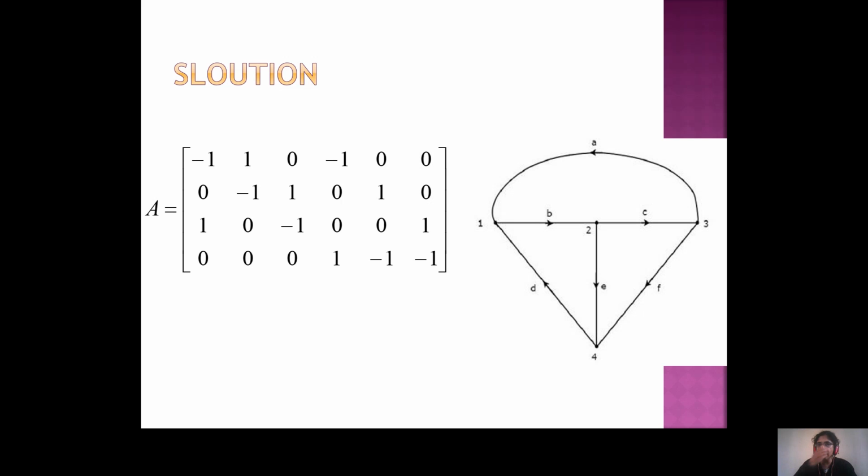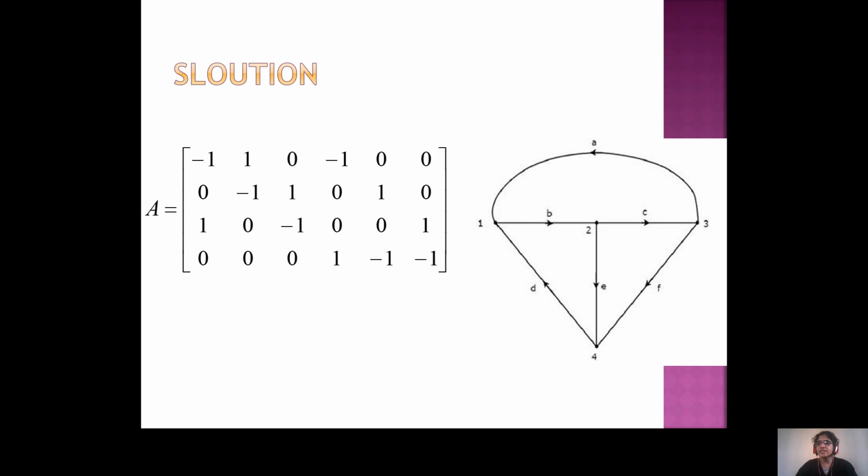So how do we write down the incidence matrix of this circuit? Rows and columns must be there, so we have to divide these rows and columns.